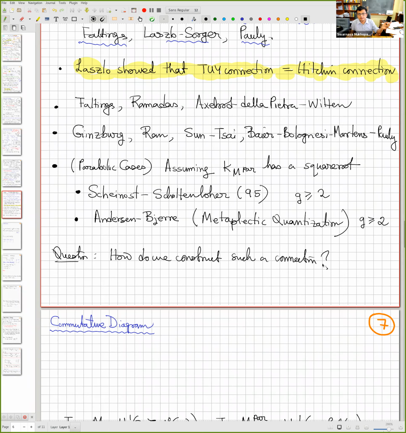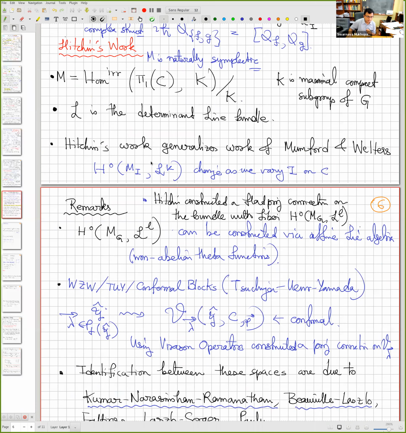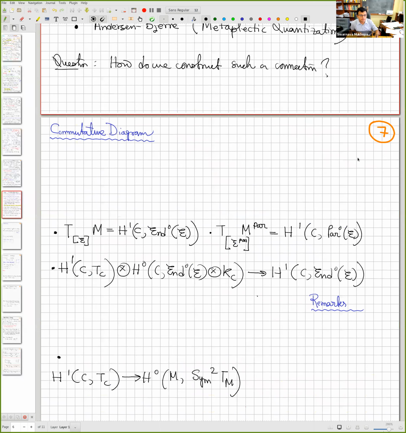I can take some questions now if there are. Okay, so let me explain the construction of the Hitchin connection, and see what we need to do to construct such a connection.